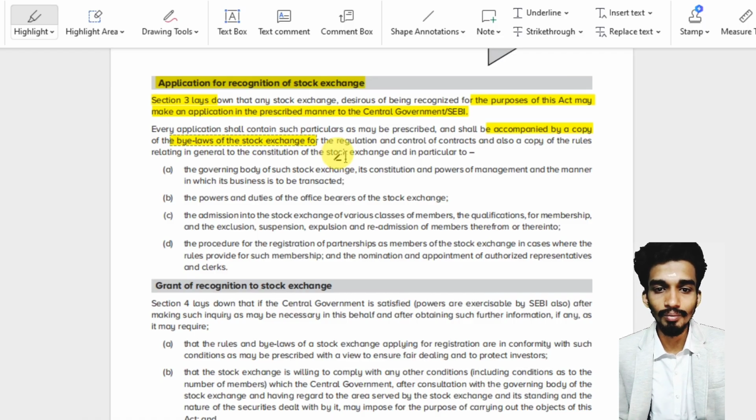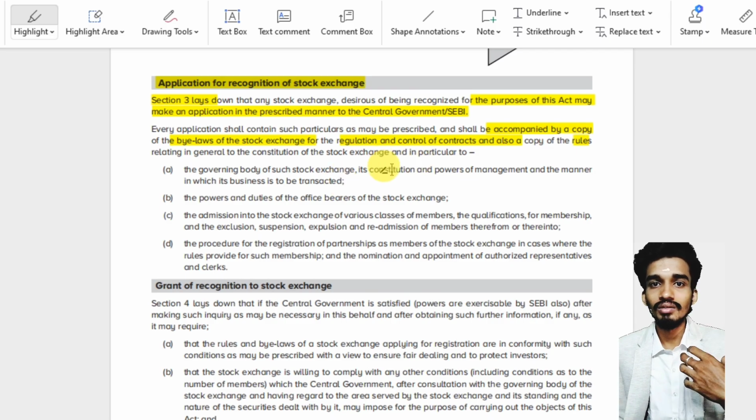So for the regulation and control of contracts, also a copy of any other rules connected with these bylaws has to be accompanied. And what are all the things which are covered in the bylaws?